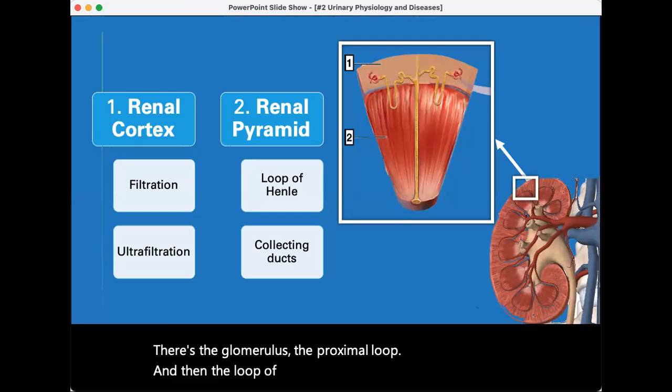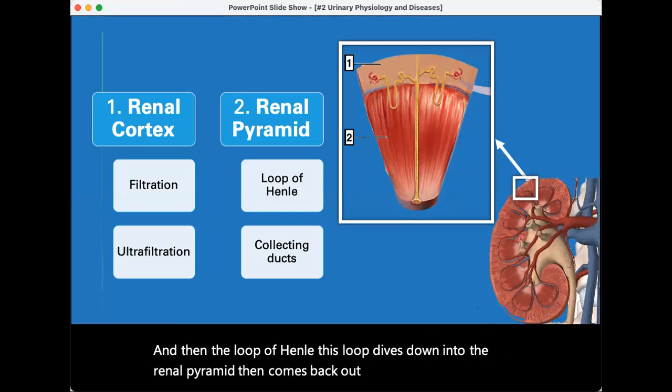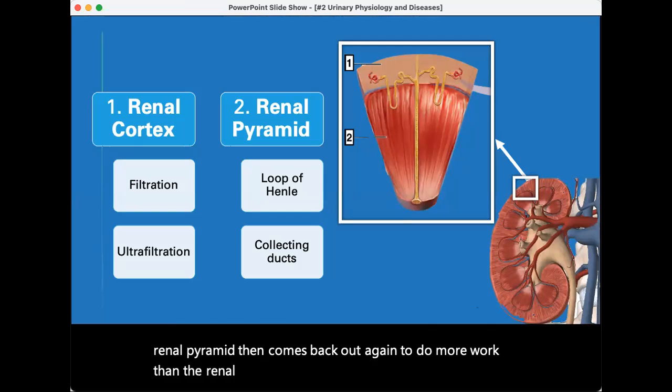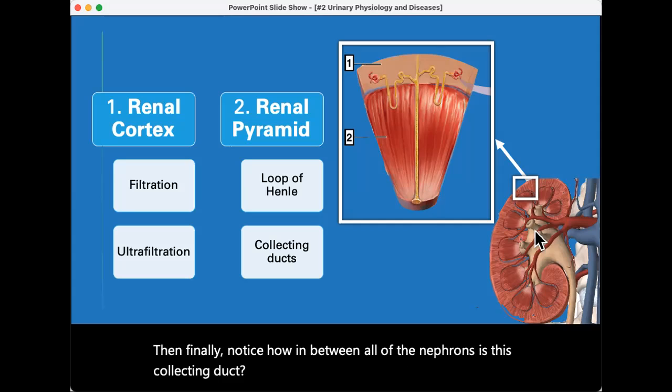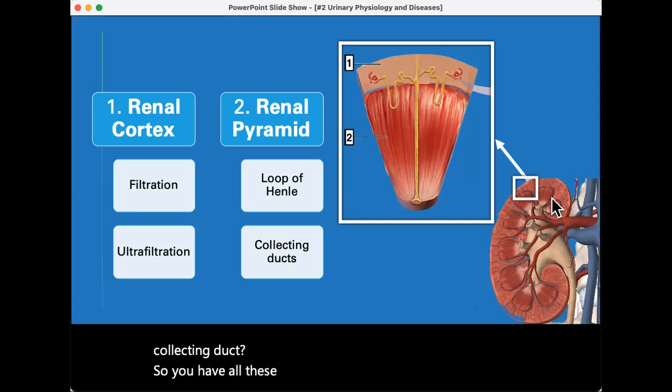This loop dives down into the renal pyramid, then comes back out again to do more work in the renal cortex as the distal tubules. Then finally, notice how in between all of the nephrons is this collecting duct. So you have all these renal pyramids throughout your kidneys.